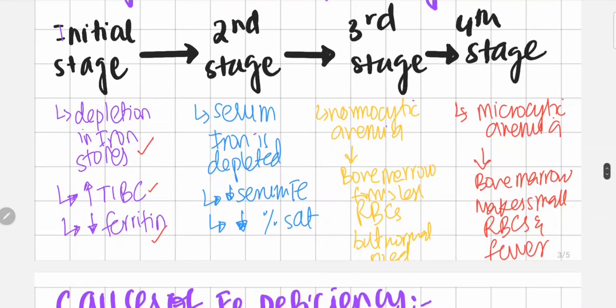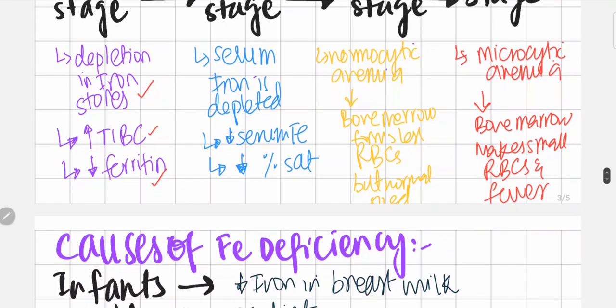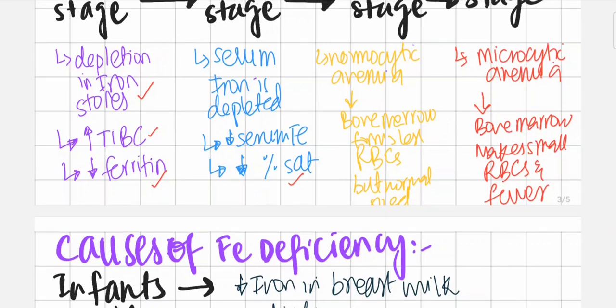Then in the second stage, serum iron is now depleted. First the stores were finished, and now the serum iron is depleted. That is why the percent saturation also decreases. The percentage saturation of transferrin also decreases because there is no iron in the blood as well.